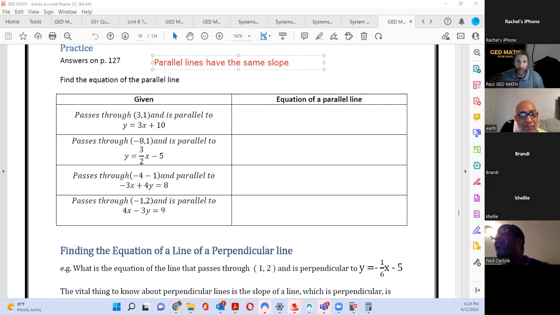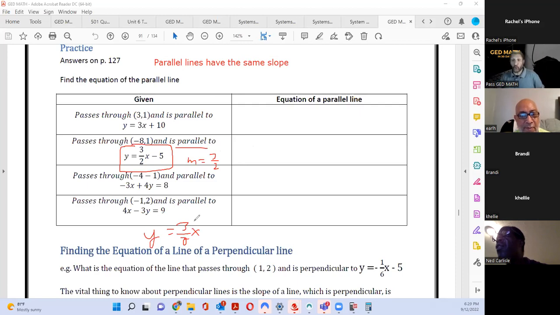see, that is the important part of this problem. It told you it's parallel. So if I know they have the same slope, what is the slope of this equation here? 3/2. So I already know that among my multiple choice, I'm looking for y equals 3/2 x, something else.